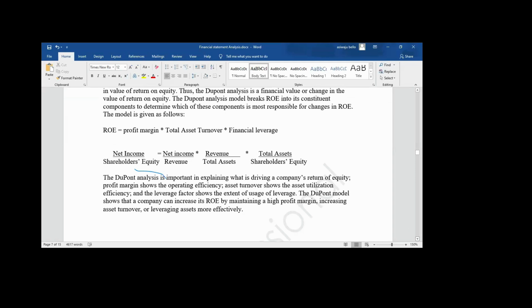The DuPont analysis is important in explaining what is driving a company's return on equity. Profit margin shows the operational efficiency.